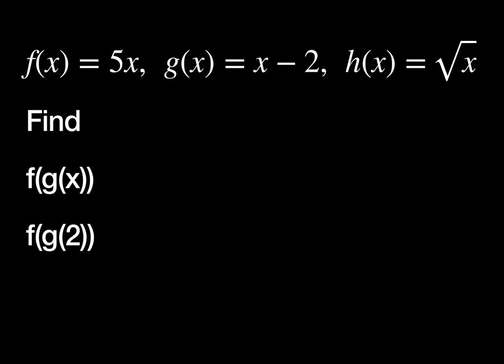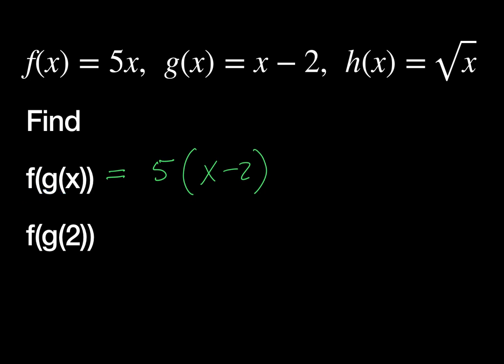For f of g of x, I just wrote out f times x minus 2, and then I did equals 5 times x minus 2 in parentheses. So what you started by saying is you wrote f times g of x.